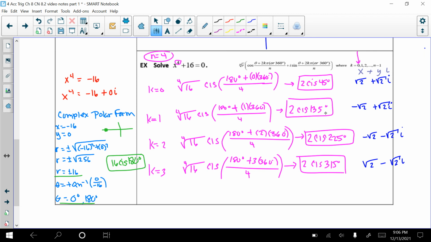Notice for quadrant 2, where we had 135 degrees in the polar format, the x value is negative, the y value is positive, just like they normally are in quadrant 2 for x and y. Look at quadrant 3 as well. Both of them are negative. In quadrant 4, x is positive this time. The y value is negative, which matches up with quadrant 4 behavior. So we can use some of our old patterns there to help know what's going on or check for reasonableness. All right, that wraps up this lesson.